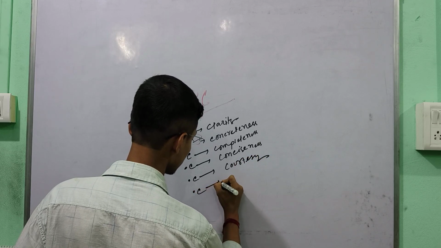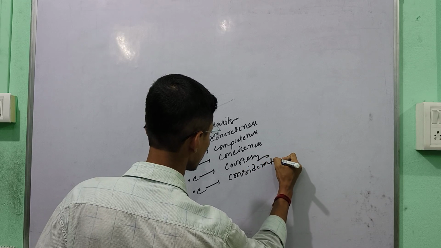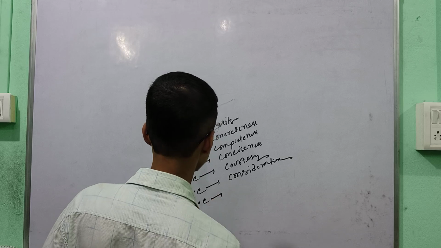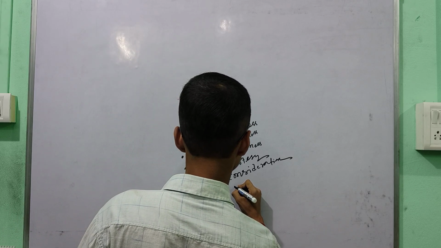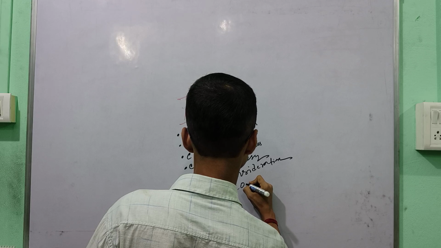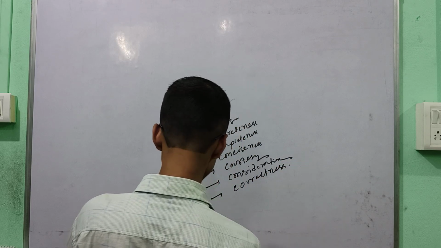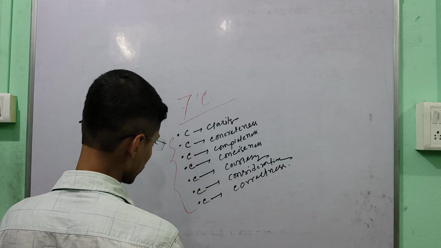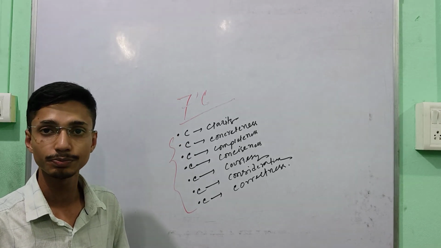Sixth C is consideration. And the last and foremost C is correctness. So these 7 C's are vital in our communication process. Without these individual 7 C's, we can't complete our communication process.